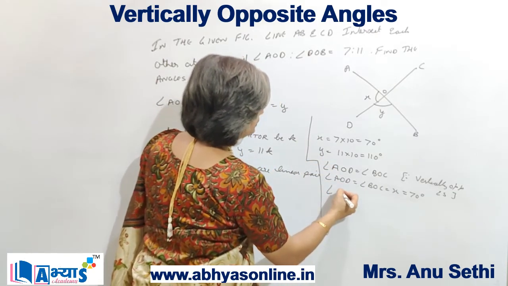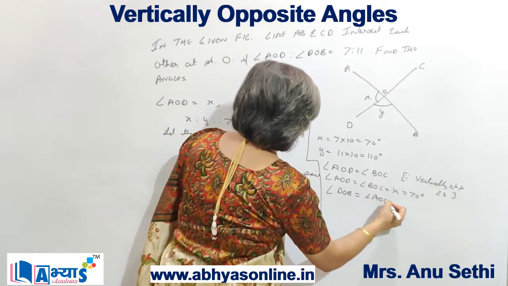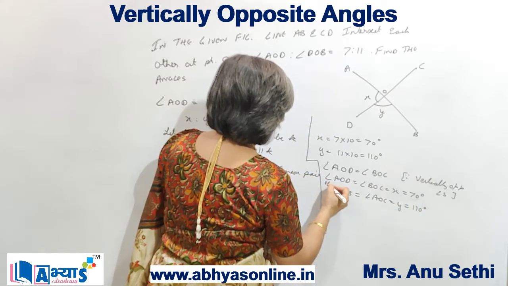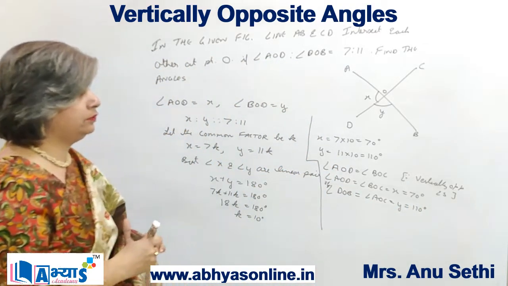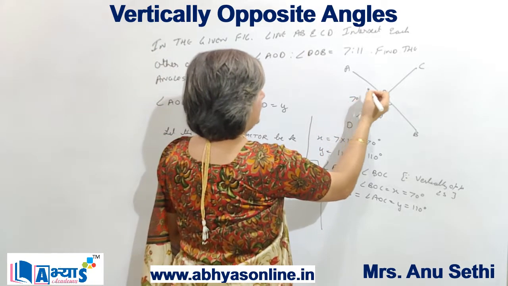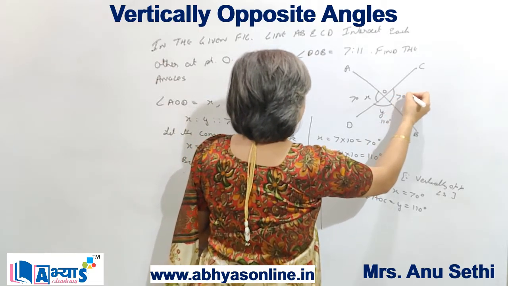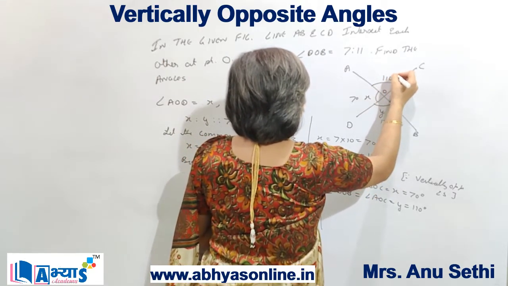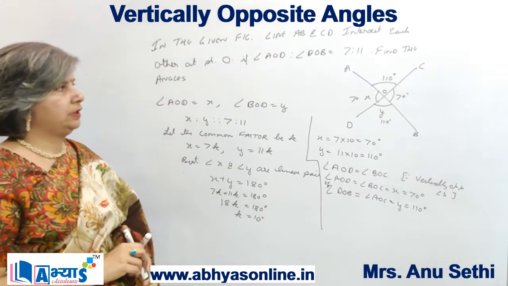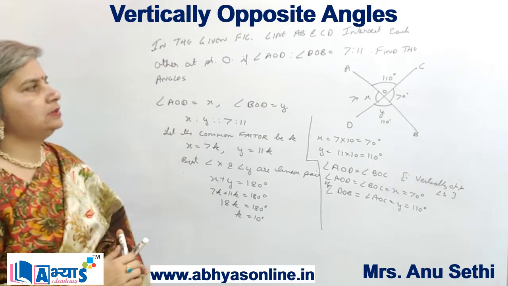Similarly, angle DOB is equal to angle AOC is equal to y, which is 110 degrees. So we have found all the angles: angle AOD is 70 degrees, angle BOD is 110 degrees, this is 70 degrees and this is 110 degrees. So this is how we can use the concept of vertically opposite angles and the concept of linear pair. So let us discuss again.